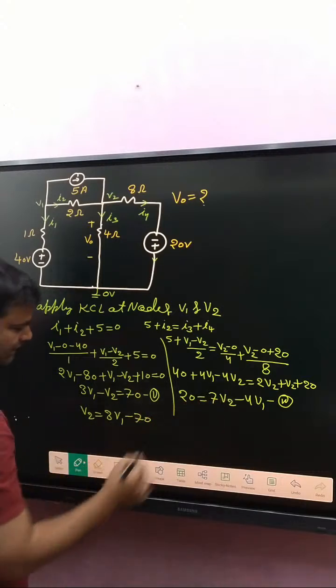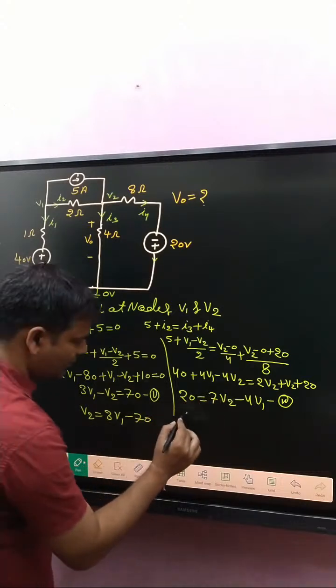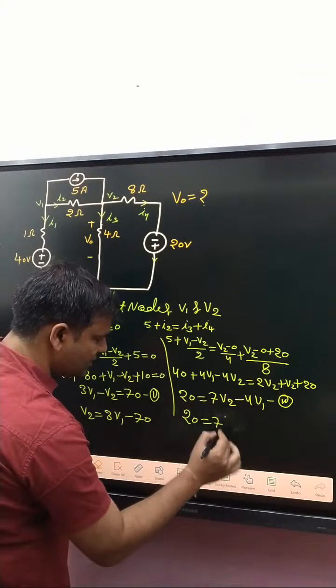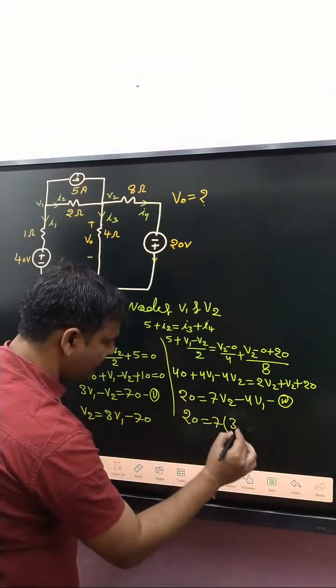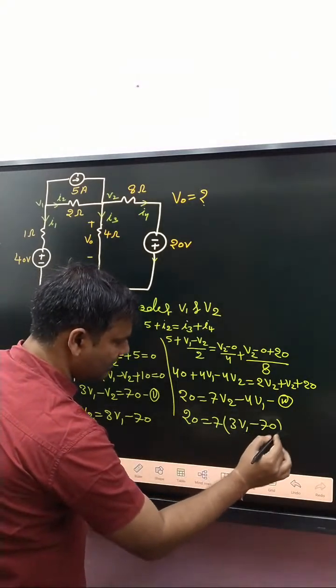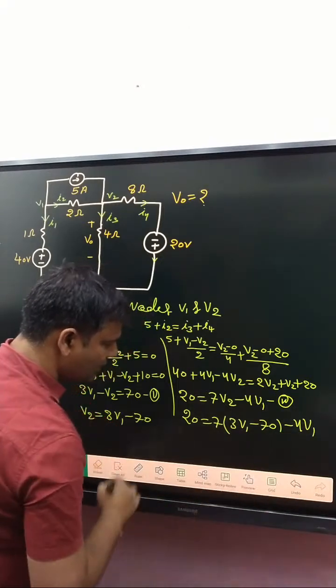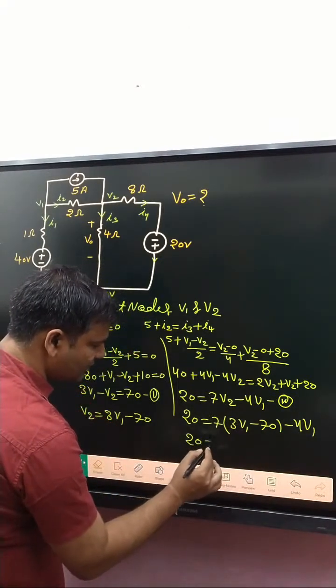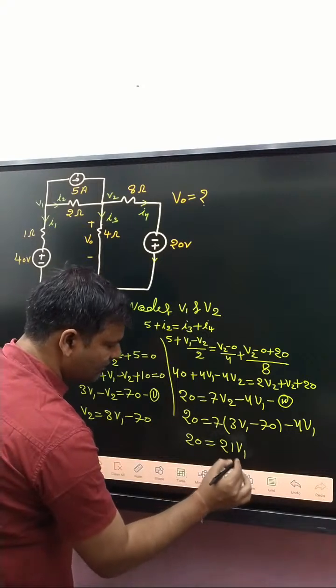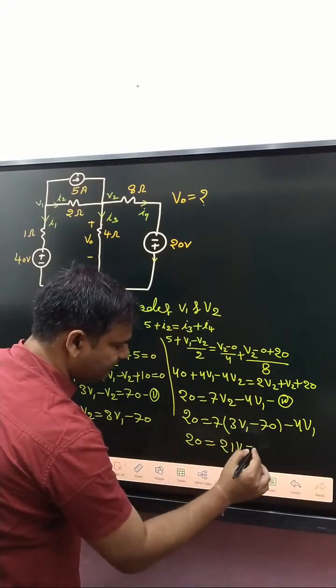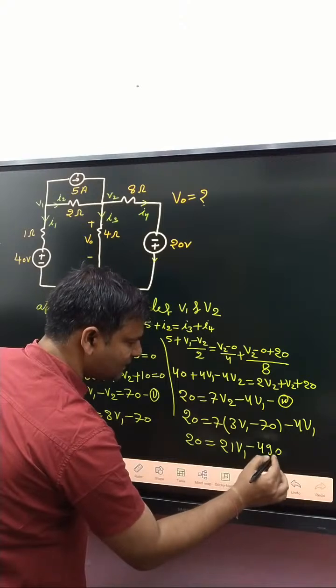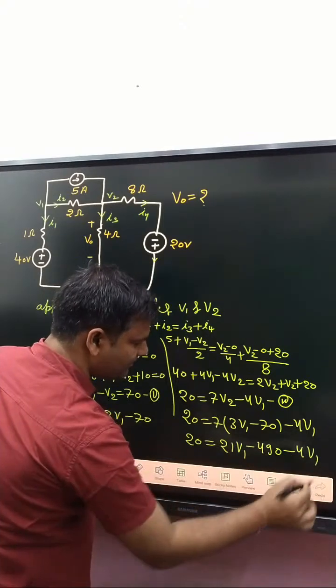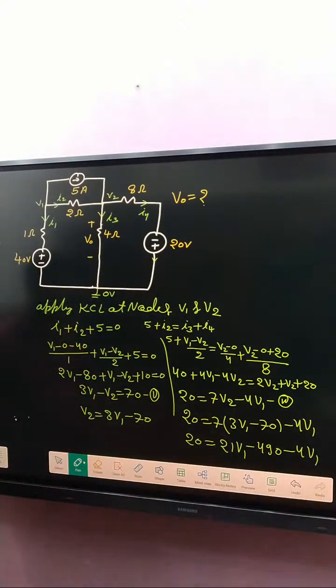If we put that value here, then we get 20 equal to 7V2, meaning 3V1 minus 70, minus 4V1. So 20 is equal to 21V1 minus 4V1. That is 17.